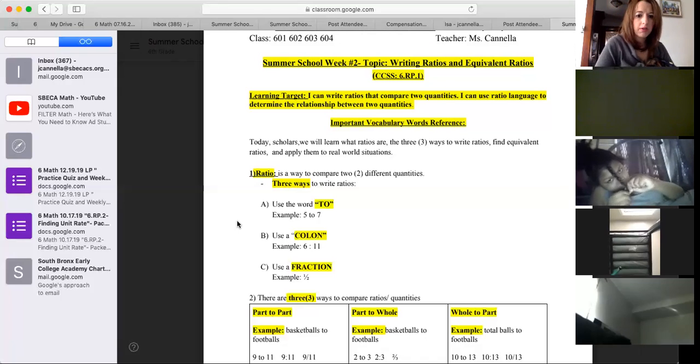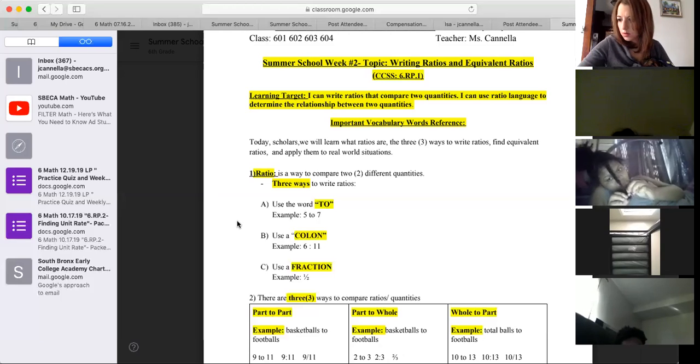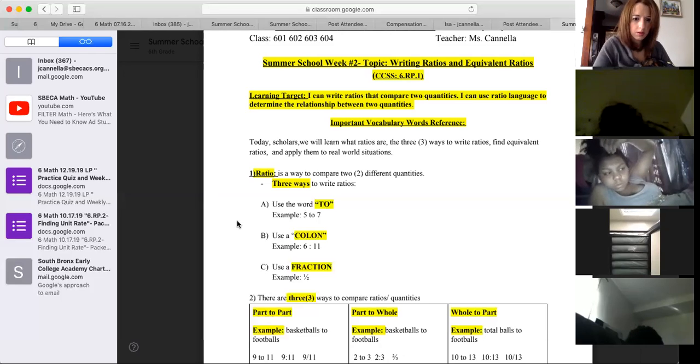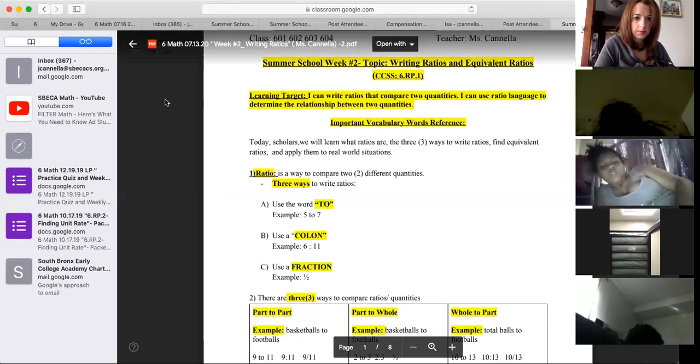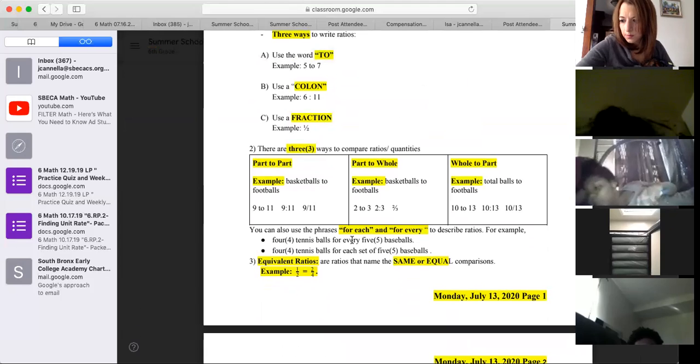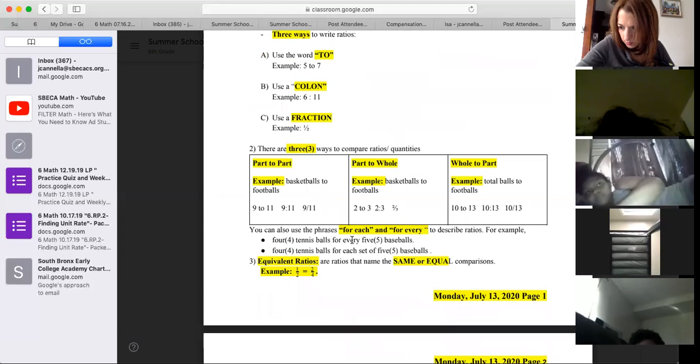Okay, can you read part 2 for me? Can you keep going? You did a nice job. There are 3 ways to compare ratio quantities. Part to part. Example, basketballs to footballs, 9 to 11, 9:11, and 9/11. Part to whole. Example, basketballs to footballs, 2 to 3, 2:3, 2/3. Whole to part.